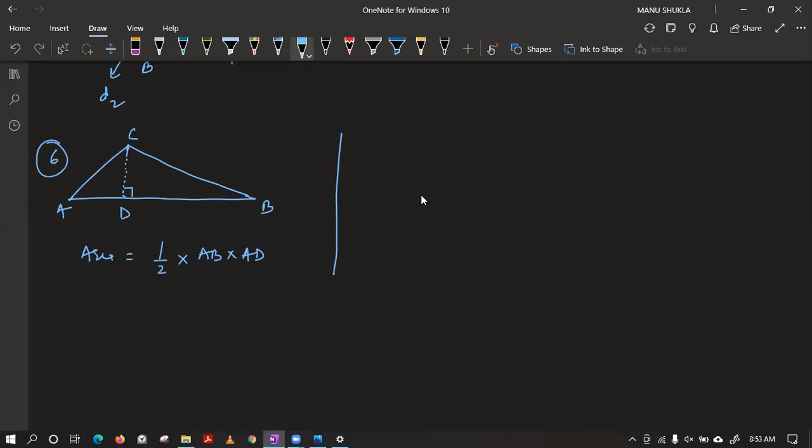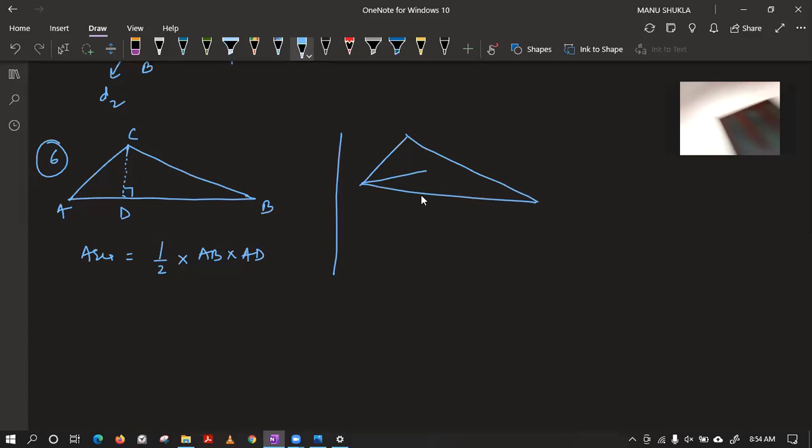As I told you yesterday also, the base changes. Base always changes according to the perpendicular. Please tell me if in the same figure A, B, C, whose camera is on, please switch it off. If this is the perpendicular, then what will be the area of triangle in this case?